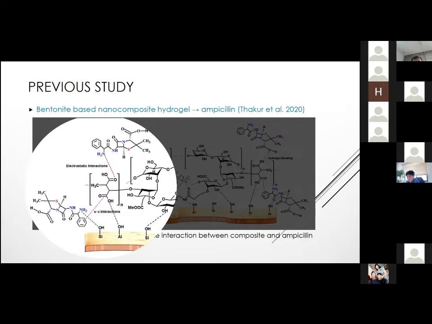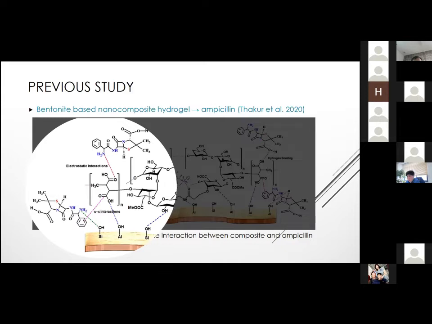So by inserting this natural polymer, we can see that the interaction between the vehicles and the drug molecules is more rich. We can see the electrostatic interaction, pi interaction, and also hydrogen bonding interaction.